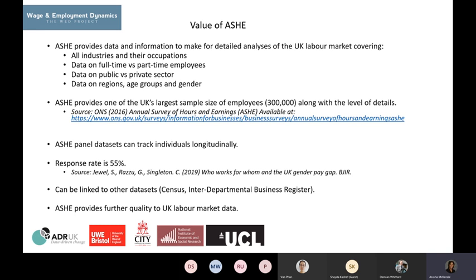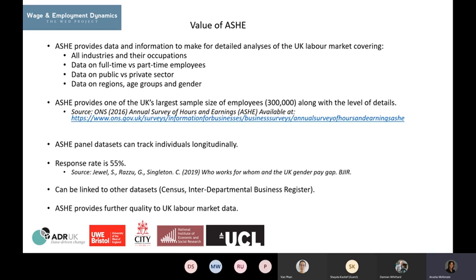We also mentioned that the sample size is about 300,000 employees, and that's the largest sample size for the UK that can be looked at in terms of details for the labour market. We're able to track individuals longitudinally with the ASHE panel datasets, and the response rate is quoted as 55% from the Joule et al. And one of the key things for the ASHE for us is that it can be linked to other datasets.